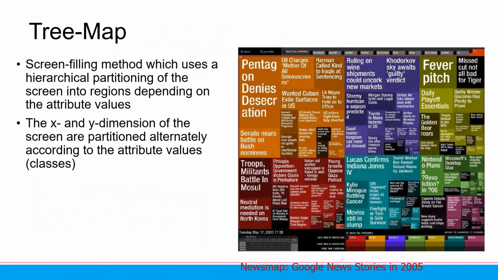Tree map. I think this is a common way to express words or news. When you have news, you may represent it in color. So let's say this color represents maybe the international news. And this color maybe represents the economics.